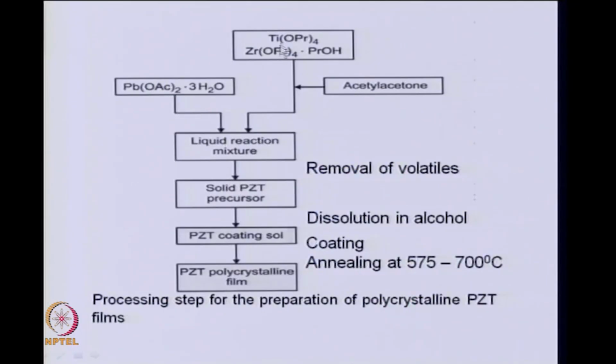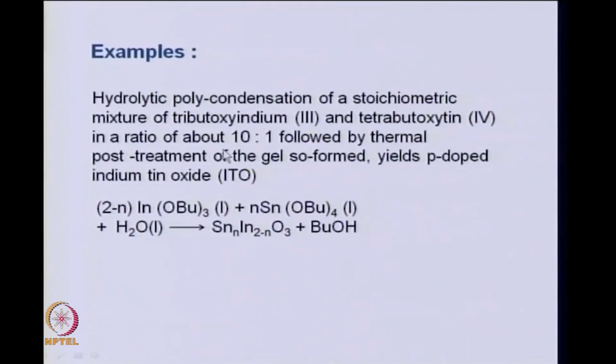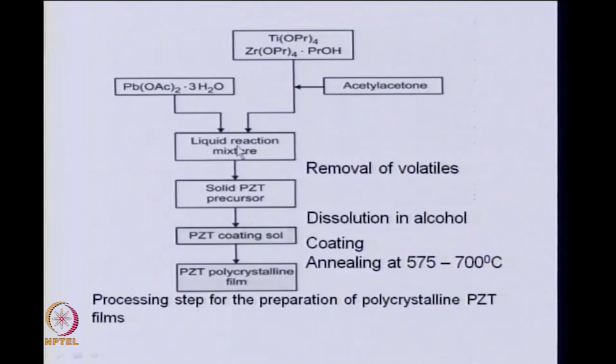So, you have titanium ions, zirconium ions through these alkoxides in solution in isopropanol, and you have lead ions in solution, and you mix this, and this liquid reaction mixture will have all the three metal ions, lead, titanium and zirconium, in the right proportion that you want.